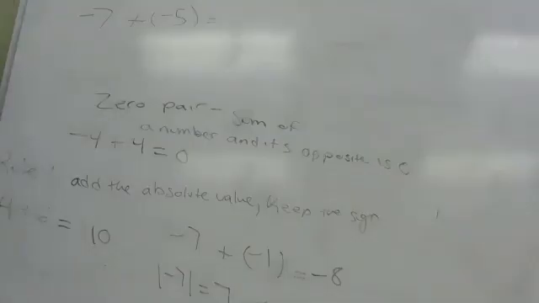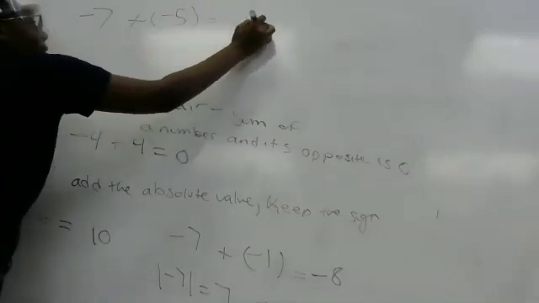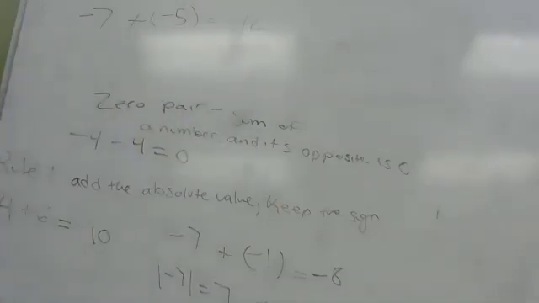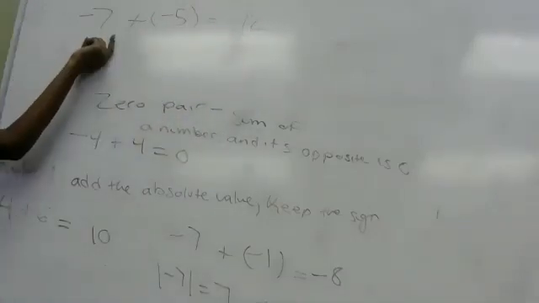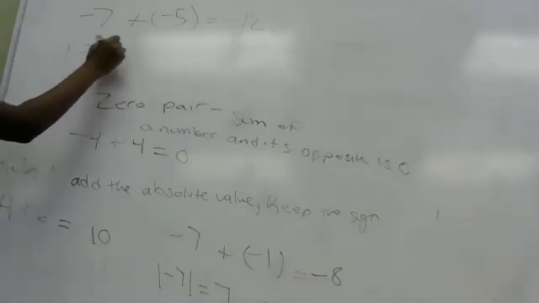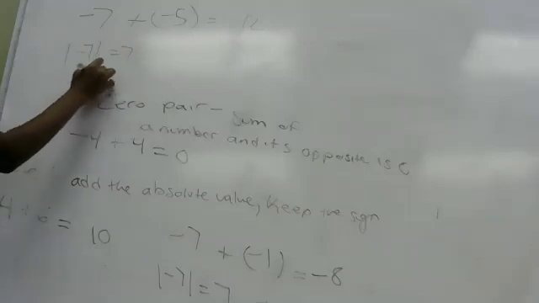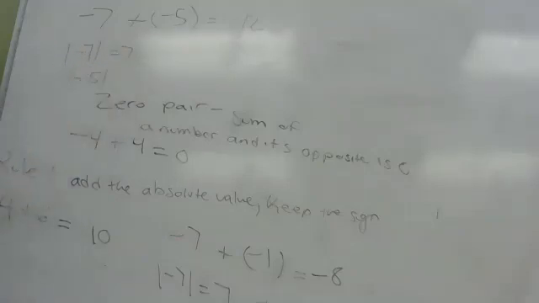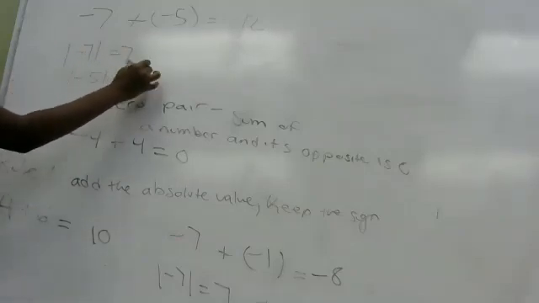Negative 12. So again, absolute value of -7 is 7. Absolute value of -5 is 5.